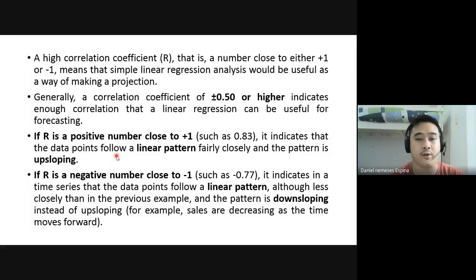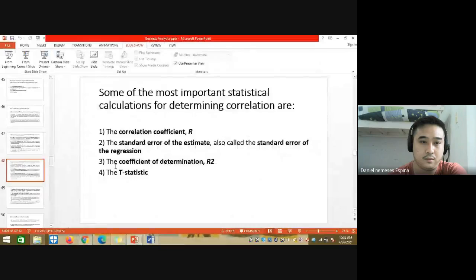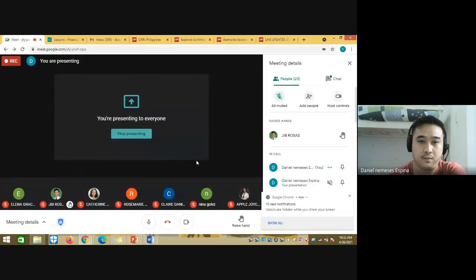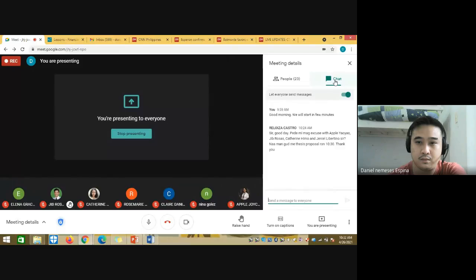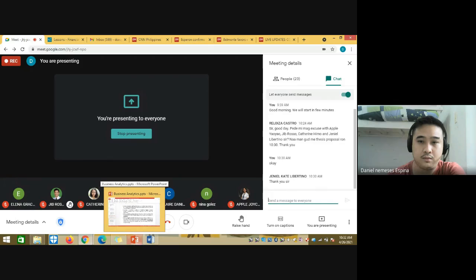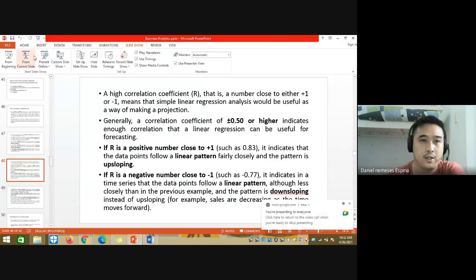So they are not far from the regression line. Okay, so let's continue.